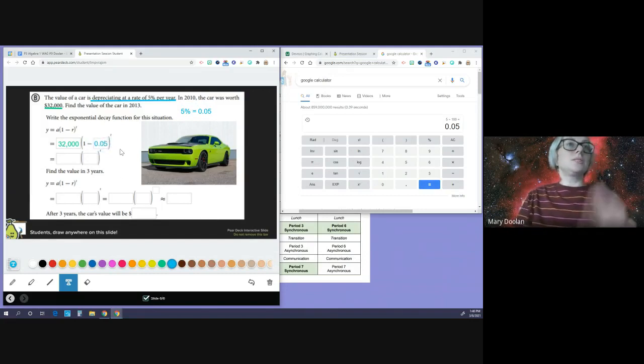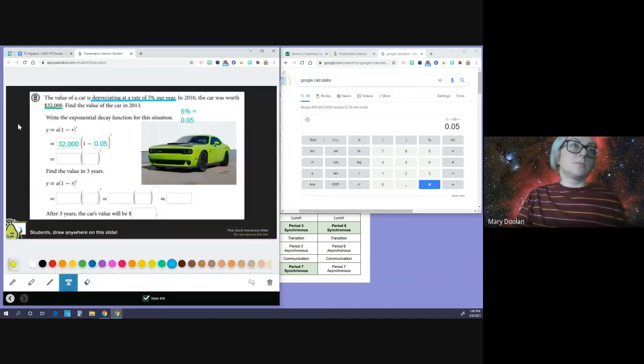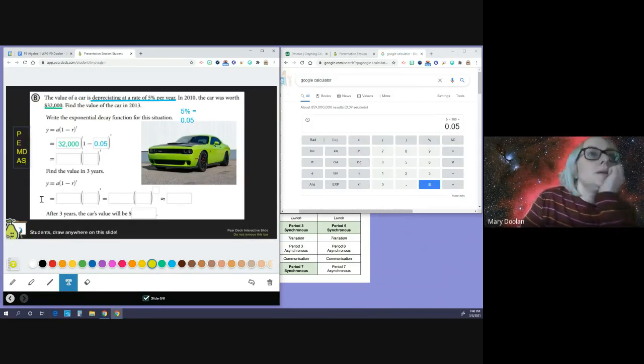And so that's just the exponential function. We are also going to remember PEMDAS, the order of operations. 1 minus 0.05, let's do that first.